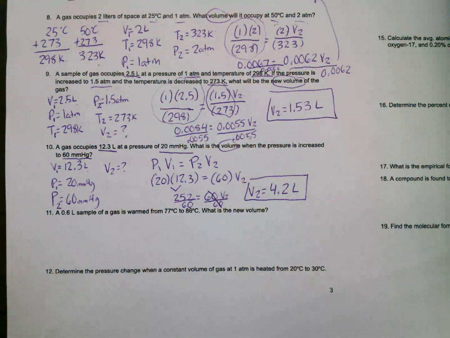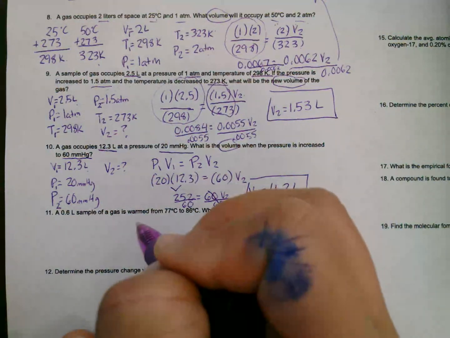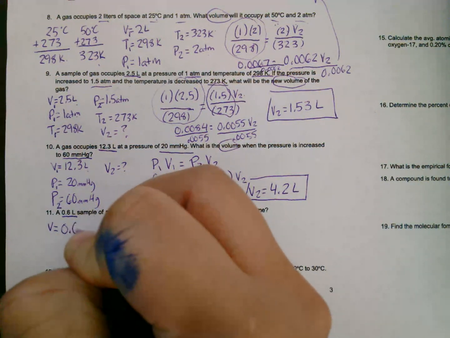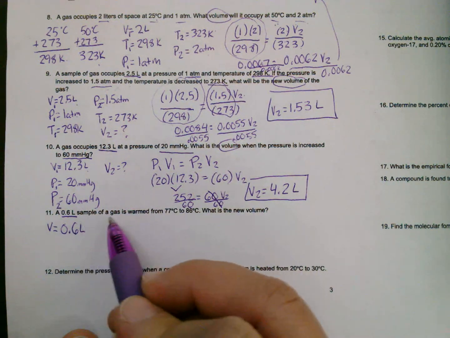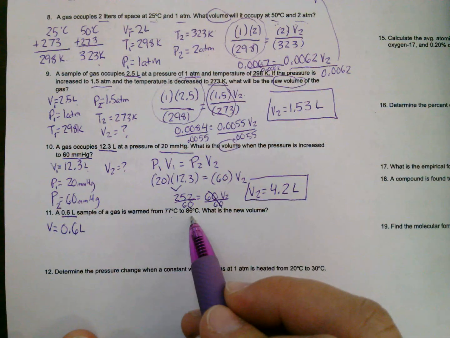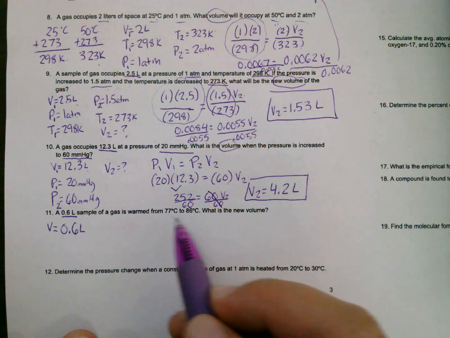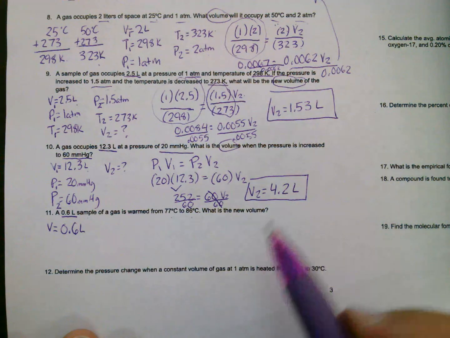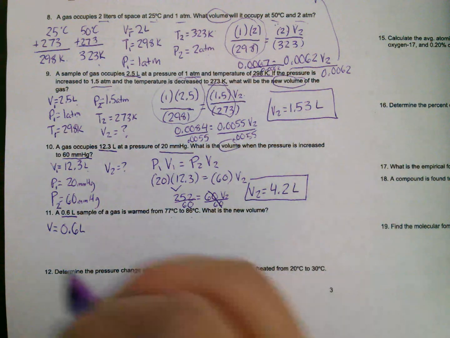Number 11, a 0.6 liter sample of gas. So that is our volume. Sample of gas is warmed from 77 degrees Celsius to 86 degrees Celsius. These are both temperatures, but they're both in Celsius, so we're going to have to convert them to Kelvin by adding 273.